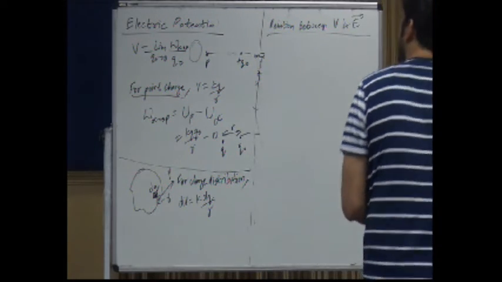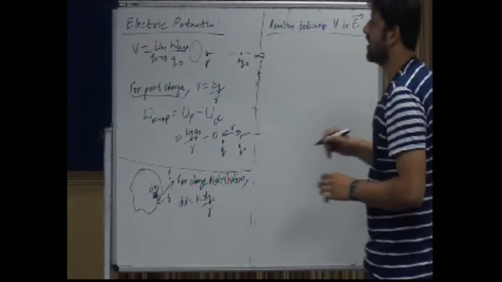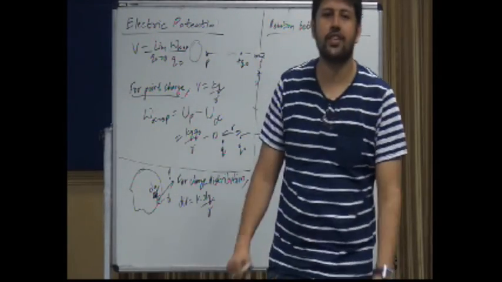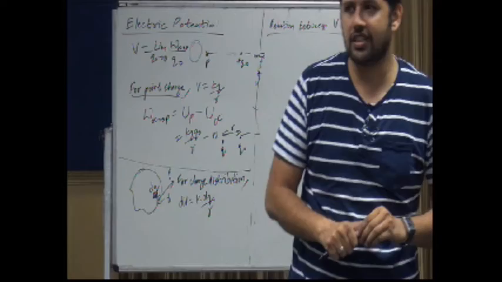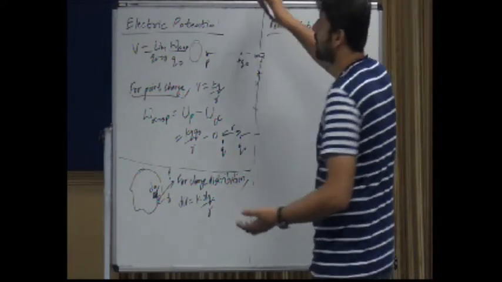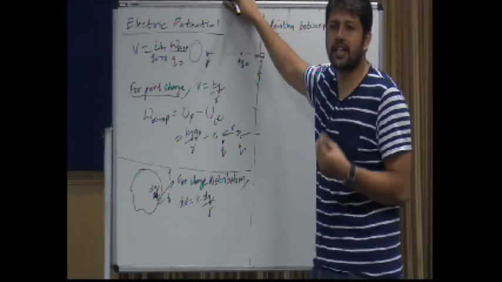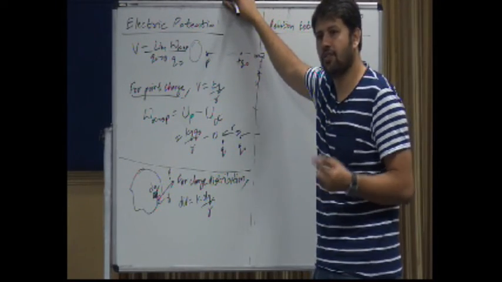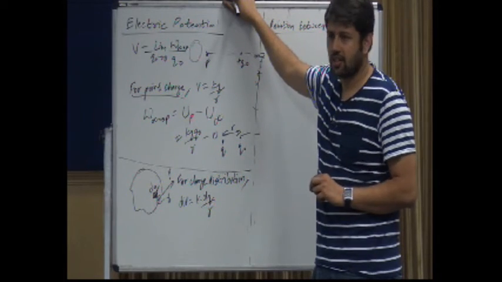Electrostatic potential energy and electrostatic potential. See, electric potential, just somebody asked this thing, what is the difference between electrostatic potential energy and electric potential? First difference is electrostatic potential energy is defined for at least two charges. Electric potential can be defined for one charge only as well. Is it okay?